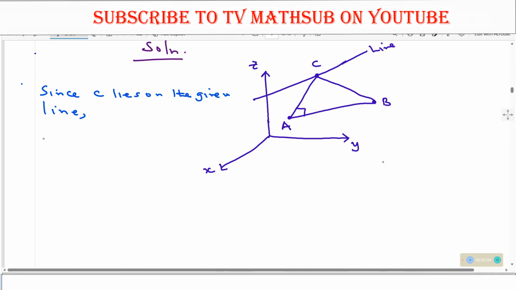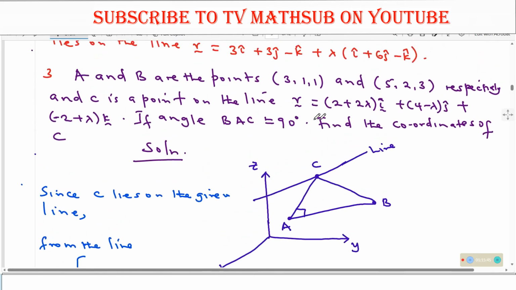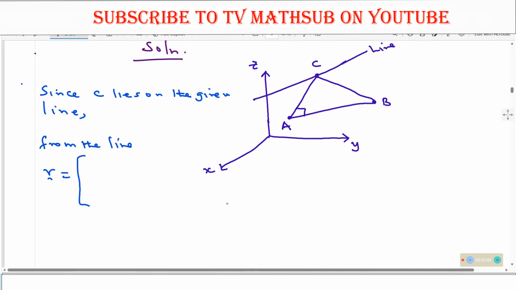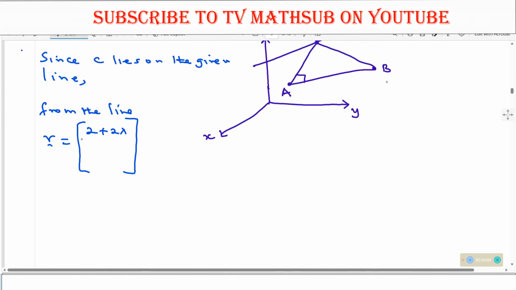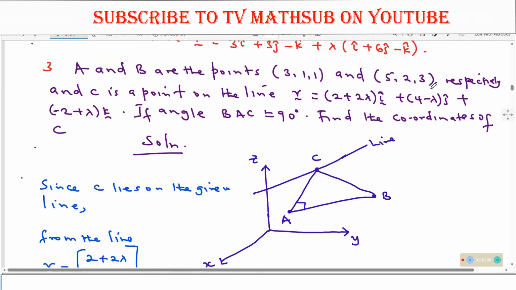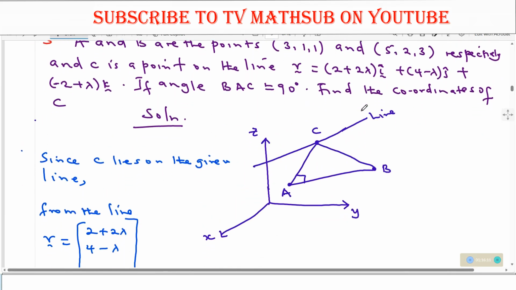But what is the line? From the line, r is equal to 2 plus 2 lambda in the i position. Now I'm putting it in the column form: then 4 minus lambda, then next we have negative 2 plus lambda.